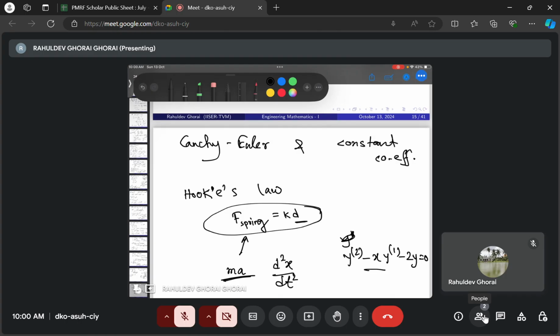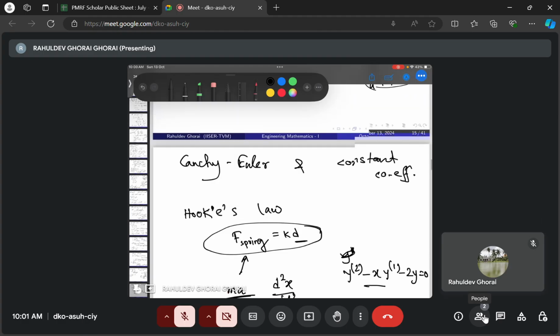We also saw that if the roots are repeated, why we write c2 times x, that also we have shown.